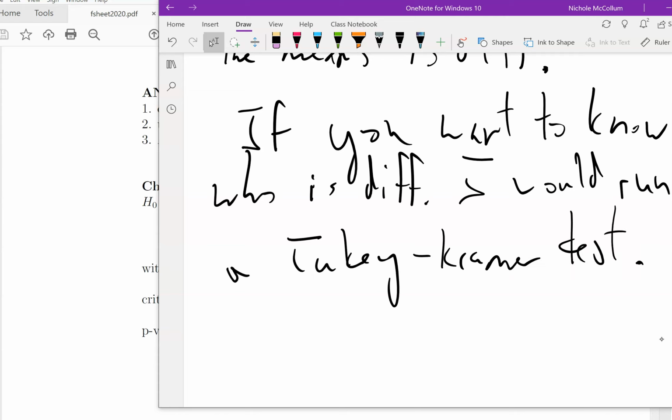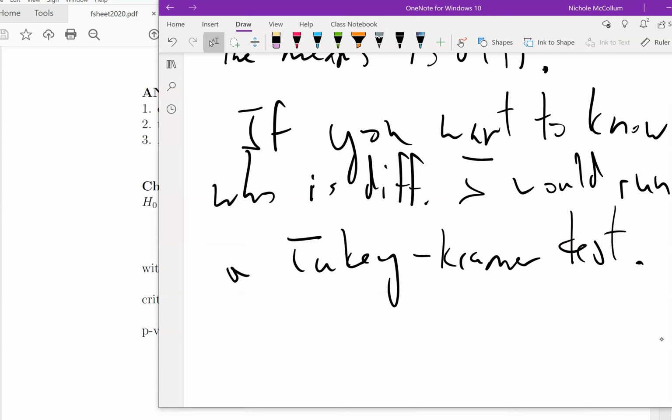See, when you're talking about ANOVA, we're on the border of getting to some very advanced stuff. I would look at one of my advanced videos on Tukey-Kramer. I wouldn't run Tukey-Kramer in Excel. It's very tedious. I would utilize RStudio. RStudio can run all levels of ANOVA and Tukey-Kramer tests real quickly.